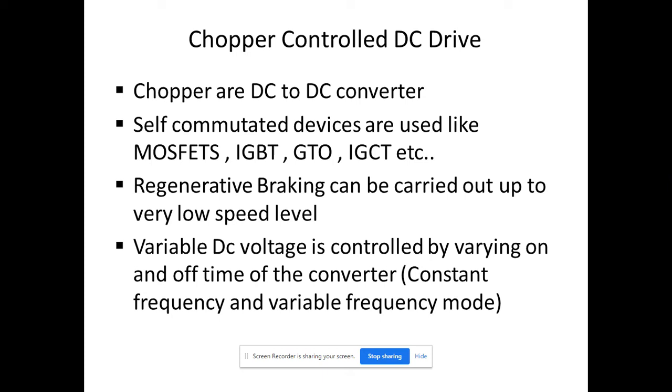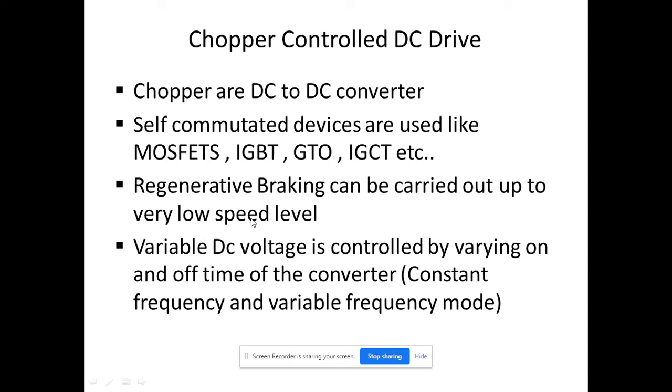In chopper circuit, the self-commutated devices are used like MOSFET, IGBT, GTO, IGCT, etc. For medium power application, MOSFET and IGBTs are used, but for high power application, the GTO and IGCT are used.